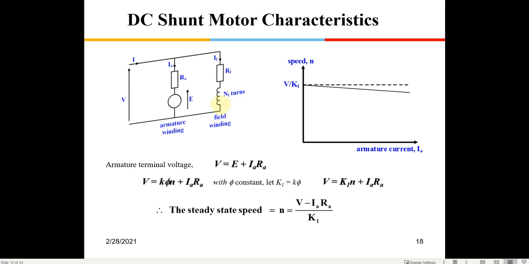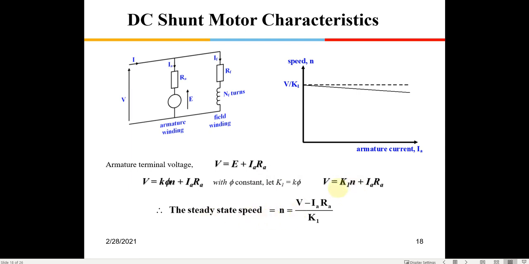And in the shunt motors, the field is going to remain constant, right? It's not going to change, because you are applying a constant voltage out here, so the field will be constant. So K and phi are going to be constant, so I can replace them with another constant called K1, and then N is the speed.